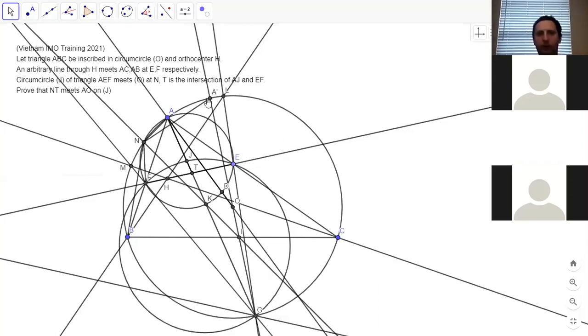So maybe I should delete A prime because I don't think you guys are using A prime in your solutions. G, E, and L, and M, F, and G are collinear.